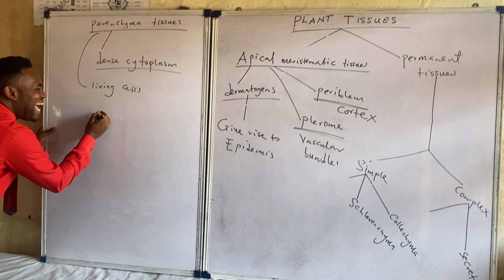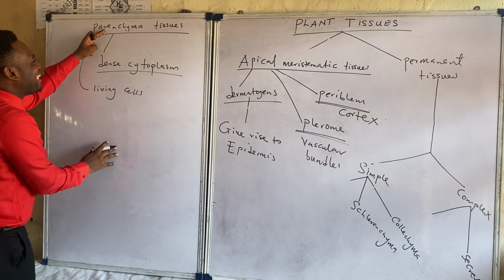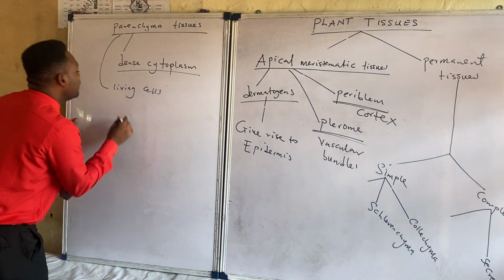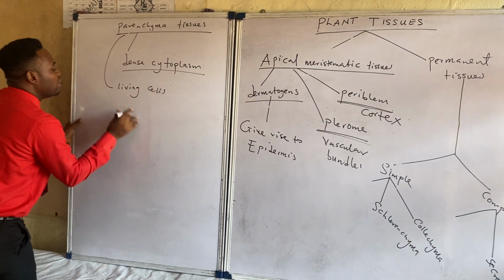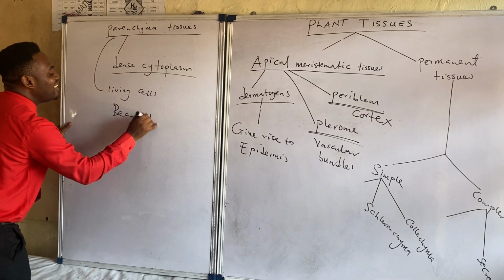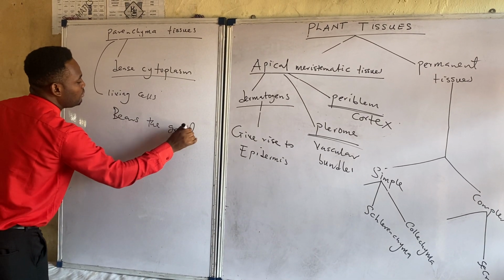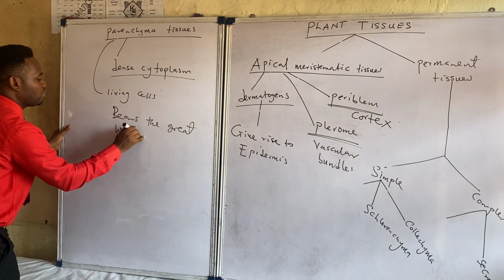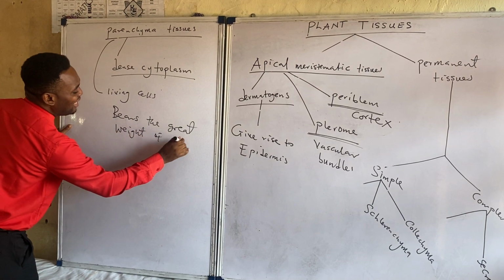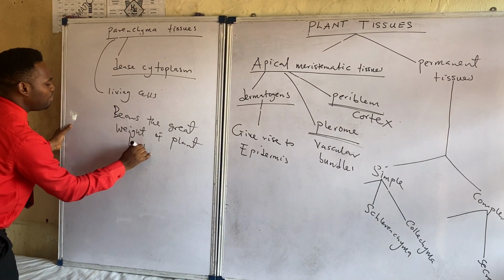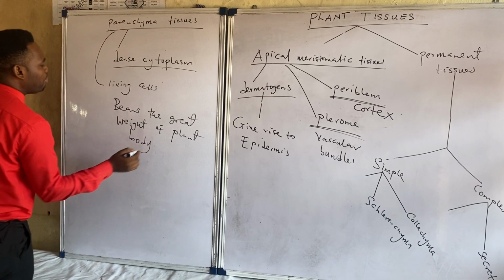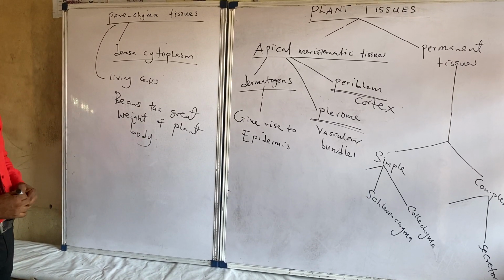Plants or plant parts that have the parenchyma tissues or cells bear the great weight of the plant body. Very important. Please take note.